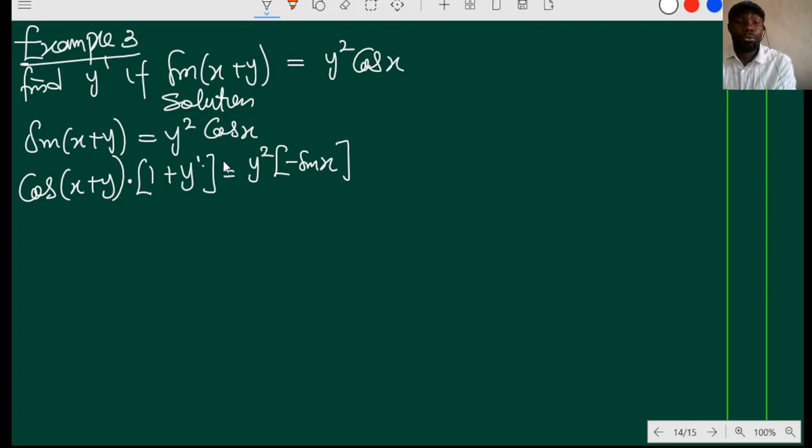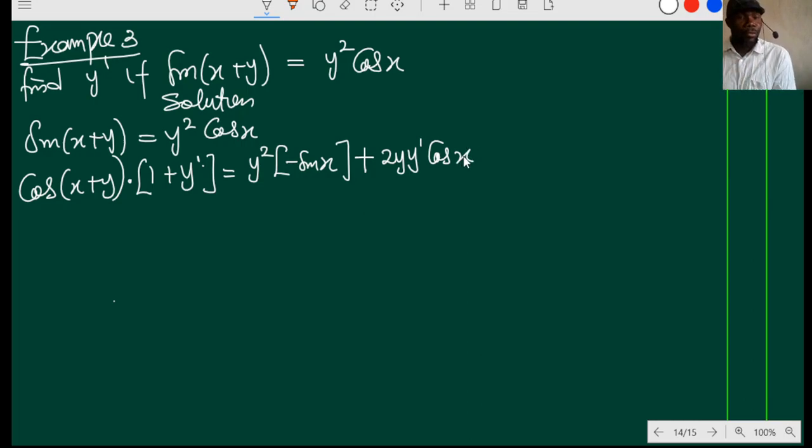So we leave y squared and differentiate cos x, plus we leave cos x and differentiate y squared to have 2y y prime cos x. That is just the logic.